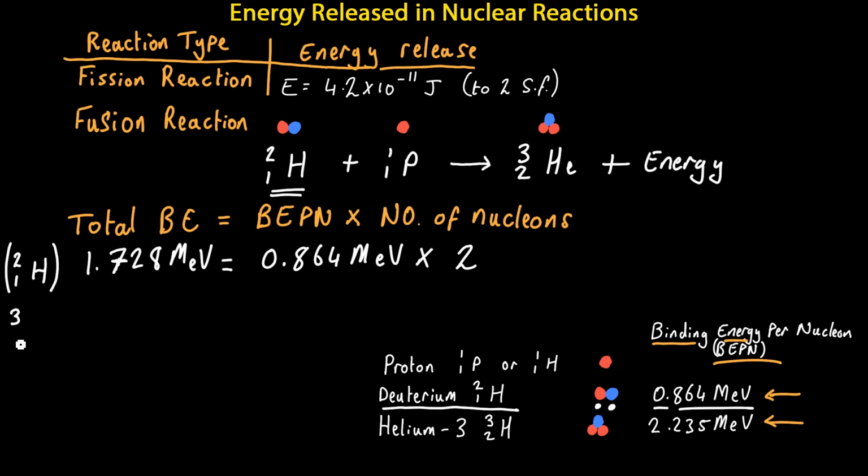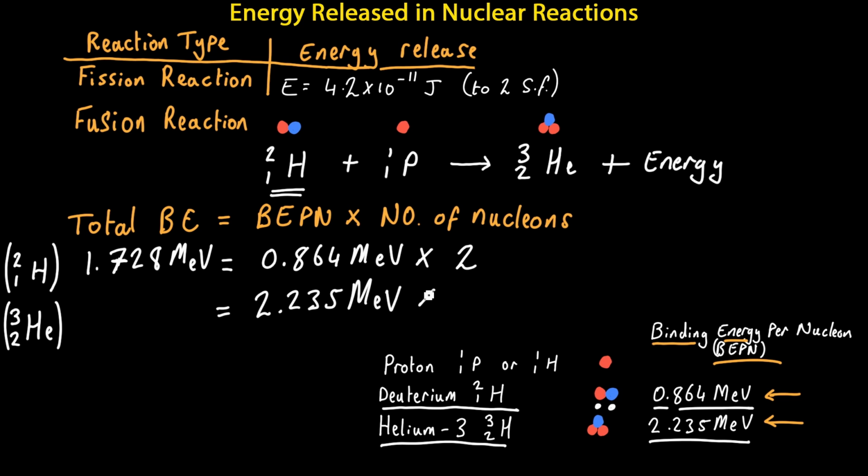And for the helium-3, the binding energy per nucleon is 2.235 megaelectronvolts, and we have 3 nucleons in helium-3. We've got 2 protons and a neutron. So the total binding energy for helium-3 is 6.705 megaelectronvolts.